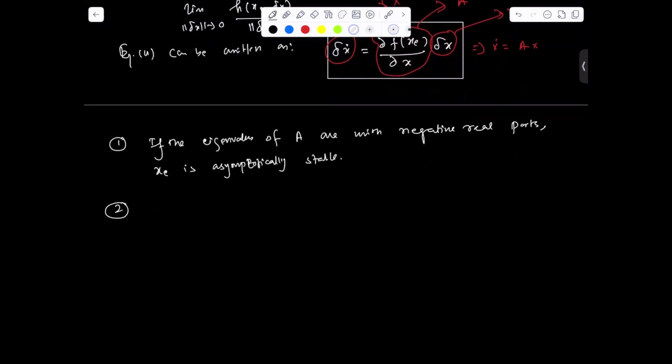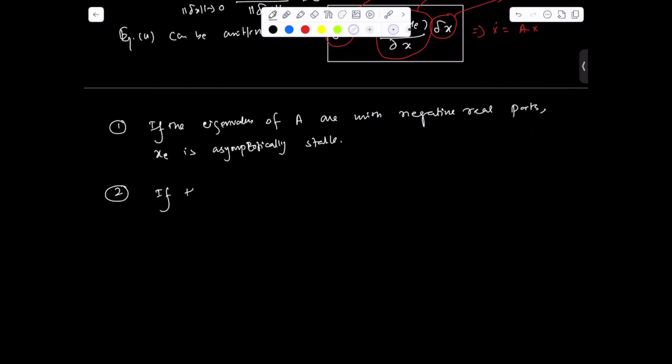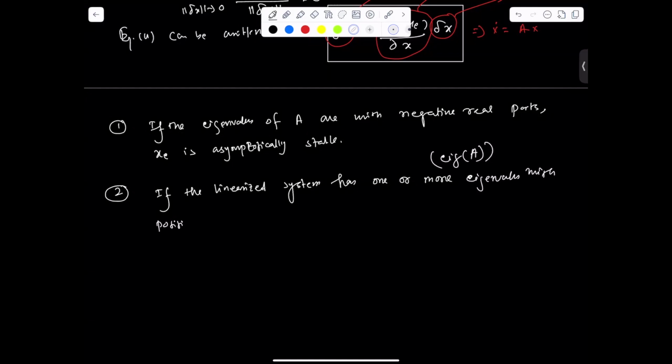And the second point: if the linearized system has one or more eigenvalues of A with positive real part, then we can say xc is unstable.